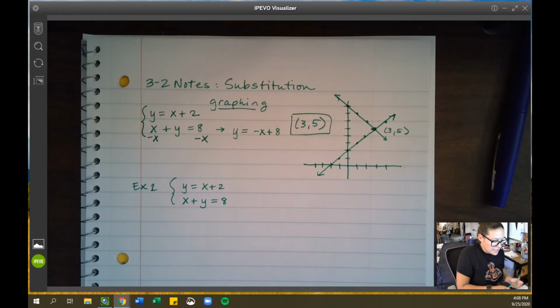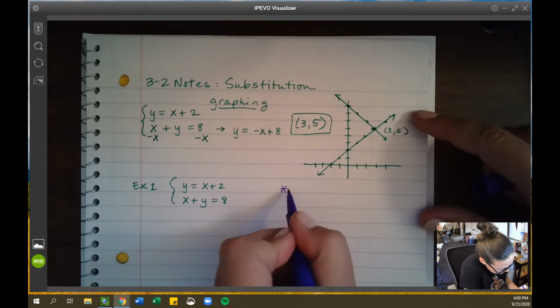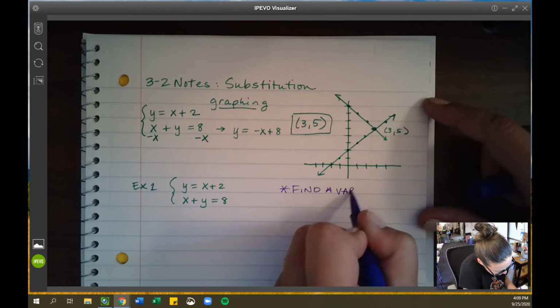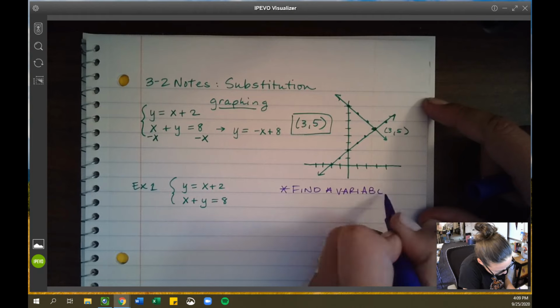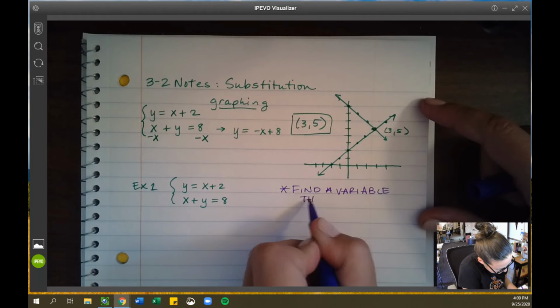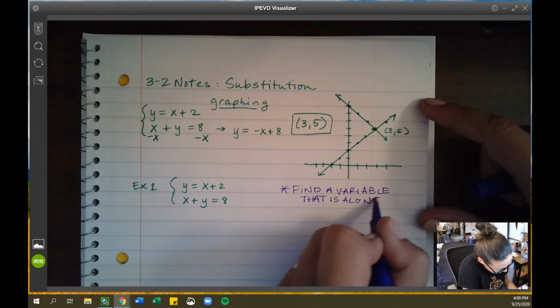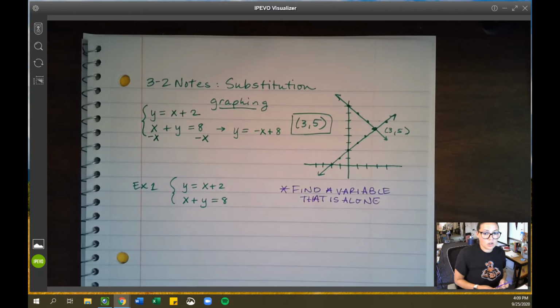Now here's the key with using substitution. You need to find a variable that is alone. Find a variable that is alone. Now, what do I mean by that?